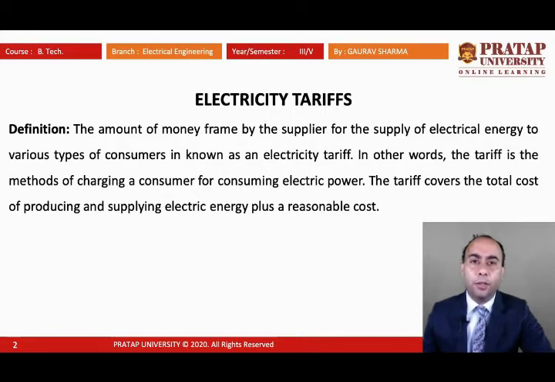So in simple words, the tariff is nothing but a price which we are paying for using electricity. The tariff covers the total cost of producing and supplying electric energy plus a reasonable cost.